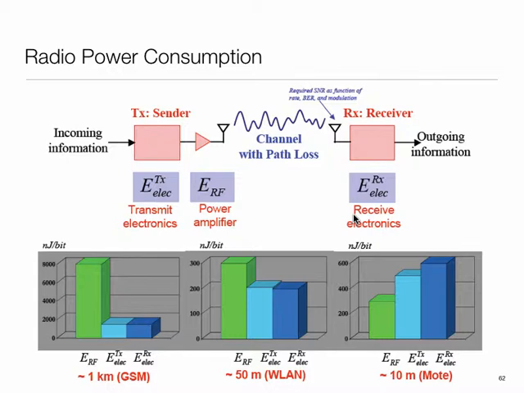Going back to the thing I was touching upon, intuitively it stands to reason that receive-side electronics is, generally speaking, more power hungry. And if on top of it we are operating over short distances, so the amplifier power is very low, you can enter into this regime where reception is more expensive than transmission.